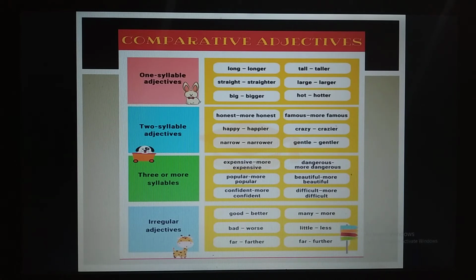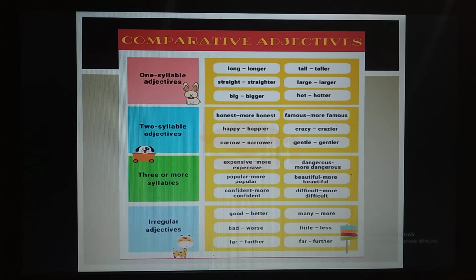Okay, so last time we already encountered irregular verbs, right? So we also have what we call irregular adjectives. When we say irregular, it is not the same as the others.